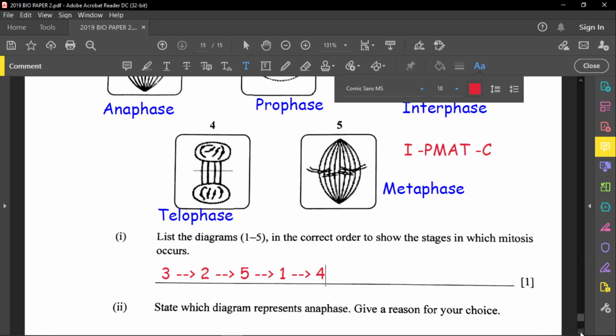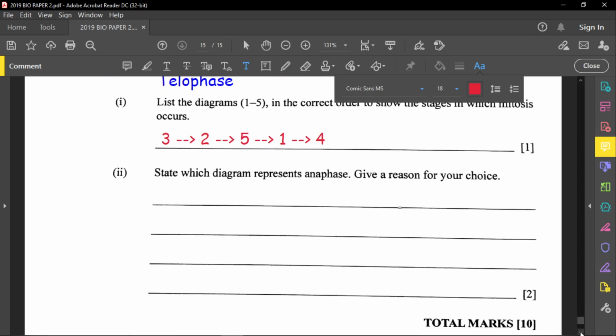Okay, great. Now we say that state which diagram presents anaphase. Give a reason for your answer. So again, we established that diagram 1 is our anaphase. So diagram 1 is the anaphase, and let's just quickly tell you the reason why.